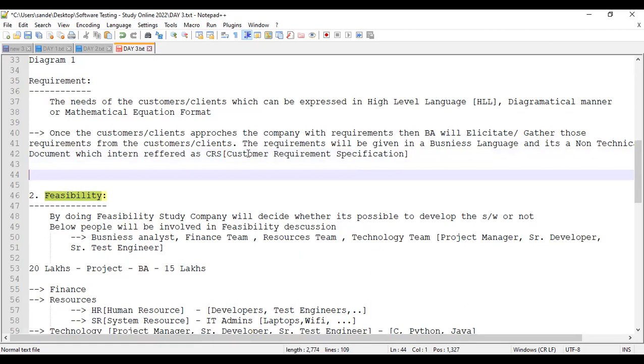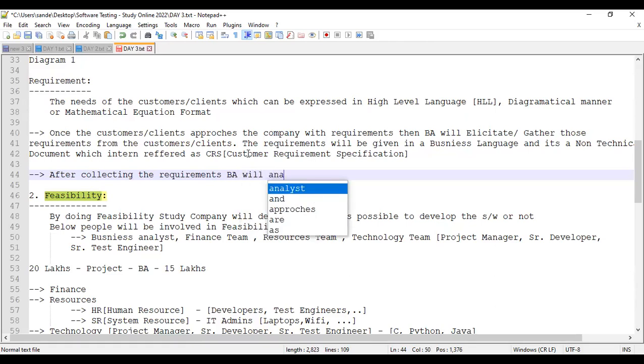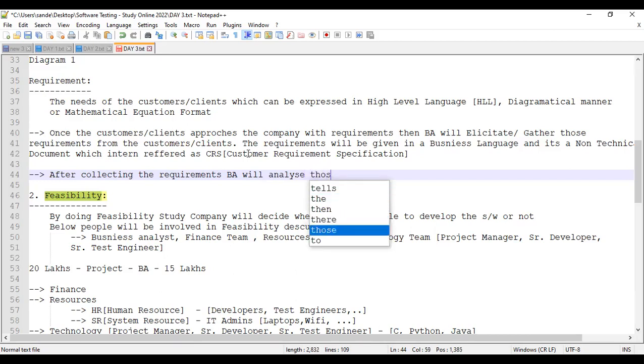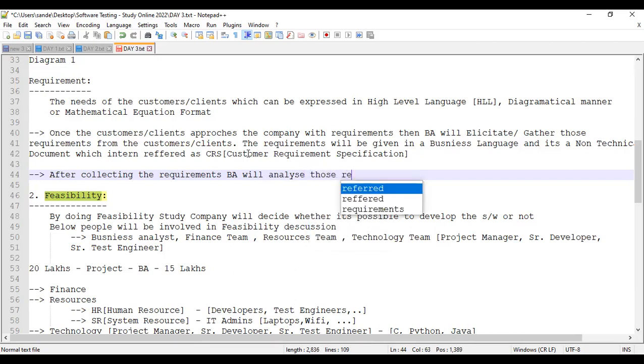Next, please observe properly. After collecting the requirement, the business analyst will analyze those requirements with three things. Which are those three things, sir?